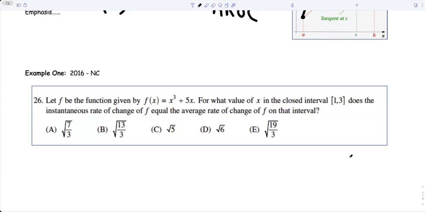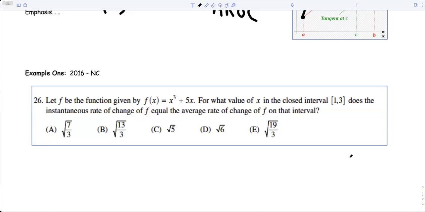Well, the answer to that is no. Let me ask you, why not? It asked me to find a value of x in the closed interval for the instantaneous rate of change, but at what point? At x is equal to what?